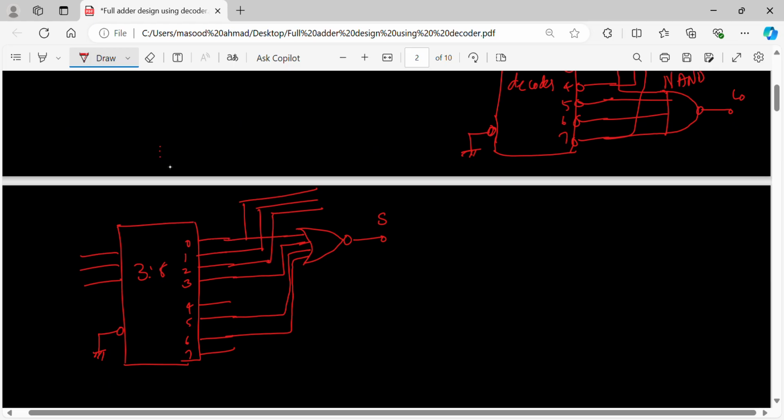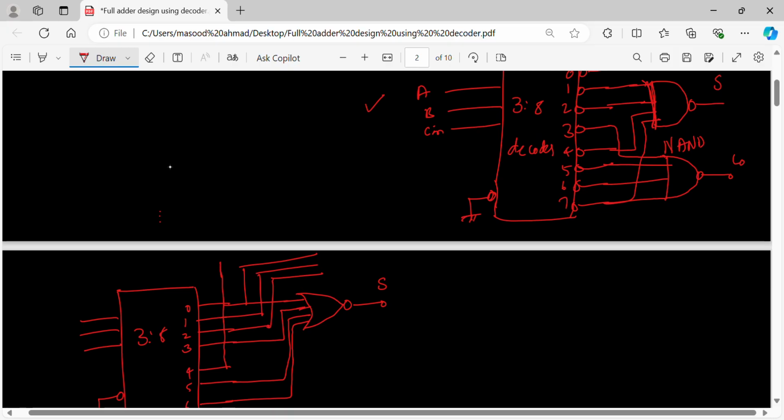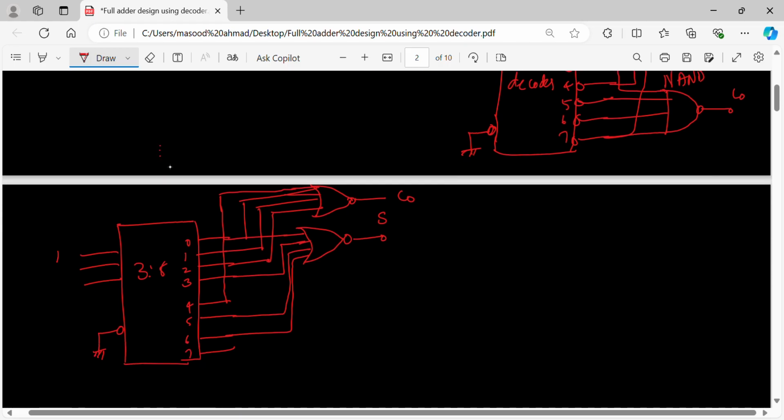So you can take 4 from here. Okay. For these 4, I use once again an OR gate followed by a bubble, which is a NOR gate, which will give you carry out. Okay. So this is A, this is B, this is C.